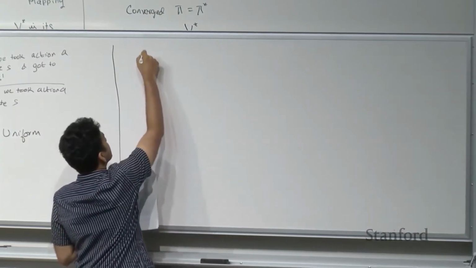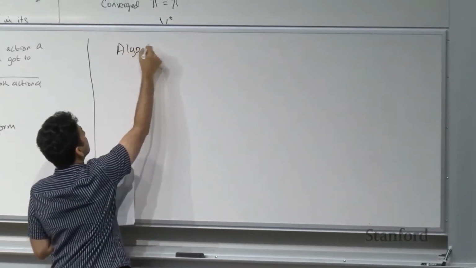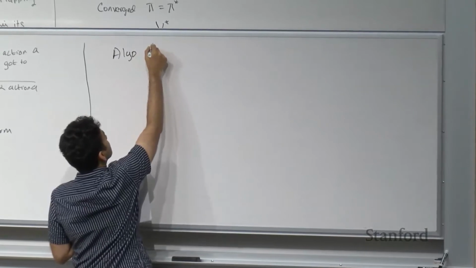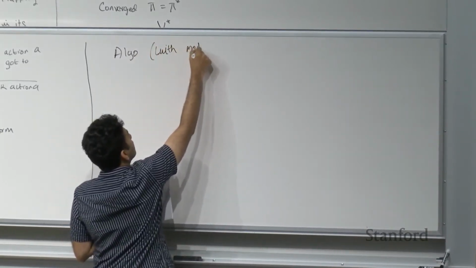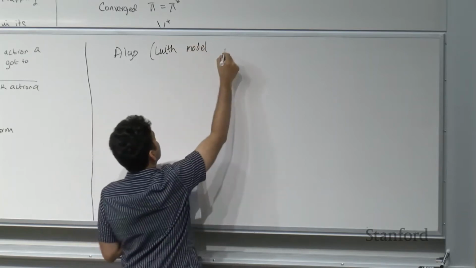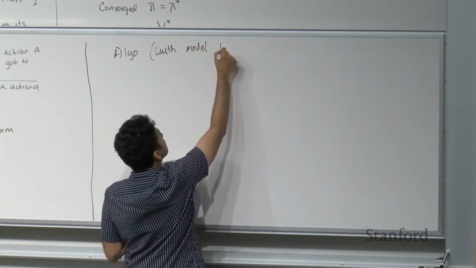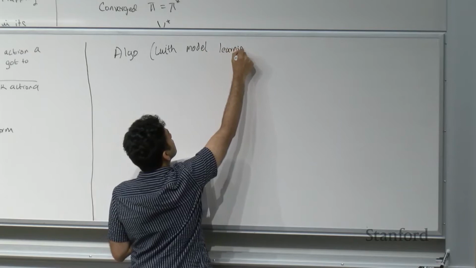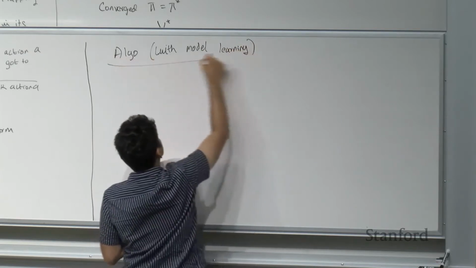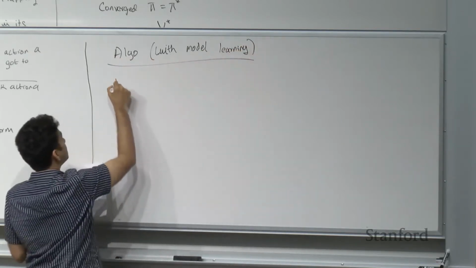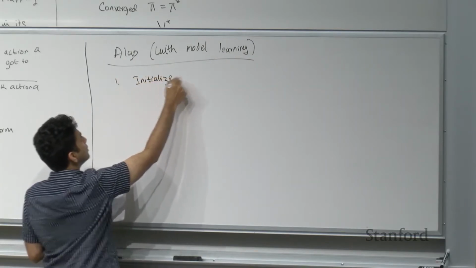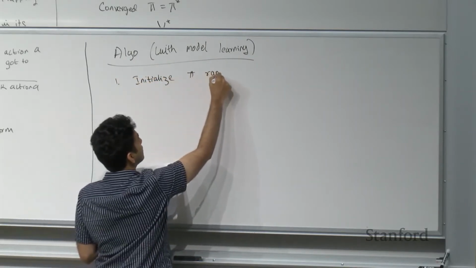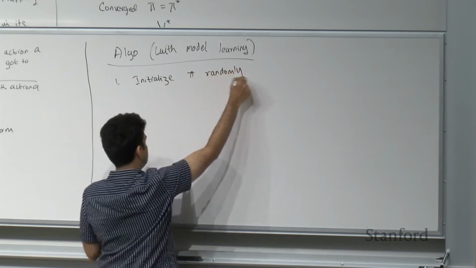So this is an algorithm with model learning. Again, here by model I mean PSA, the transition probabilities. Right? So initialize pi randomly, right?